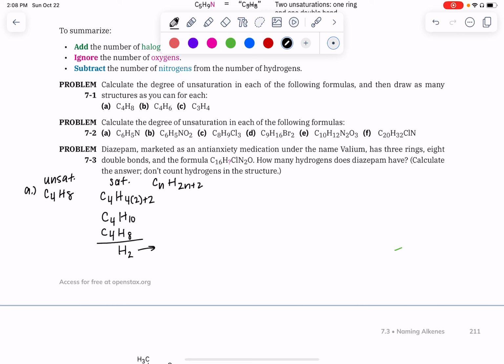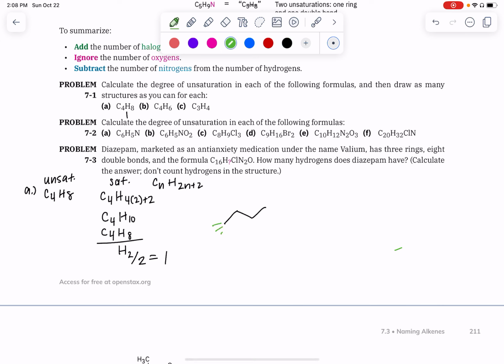And remember that we're measuring our degrees of unsaturation in pairs of H's. So you can say this is 2 H's, or you can divide by 2 to get 1. So this one is 1. Remembering that our saturated structure looks like this.